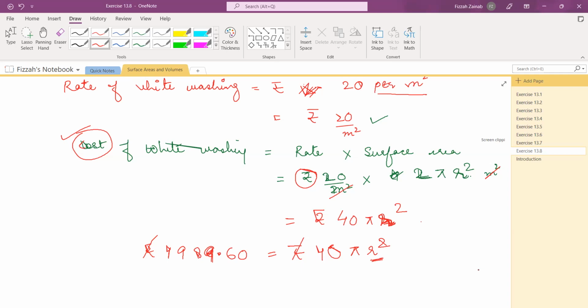Have I done something wrong here? Just give me a minute, because I'm thinking, I'm finding out radius, so I should get a unit of meter square, right? Can anybody tell me if I've made some mistake in this question?